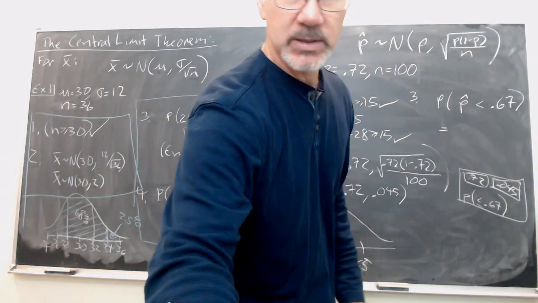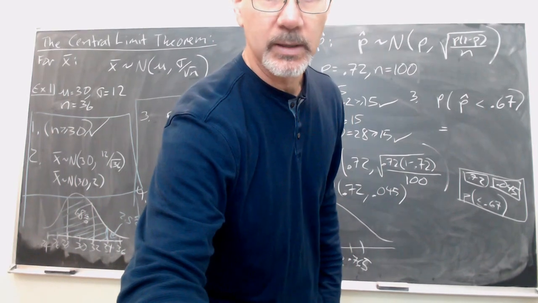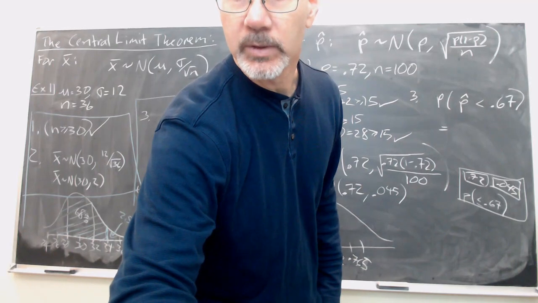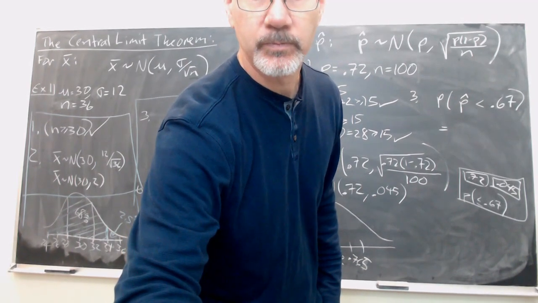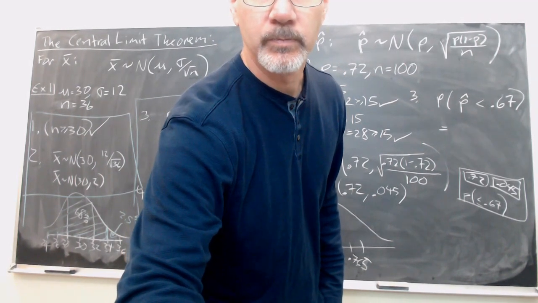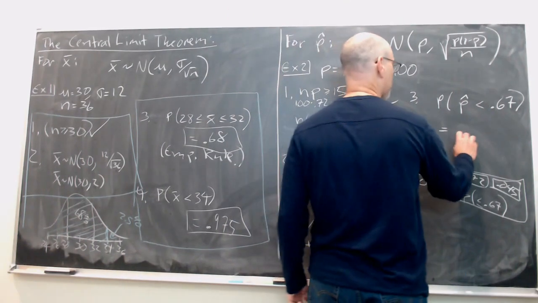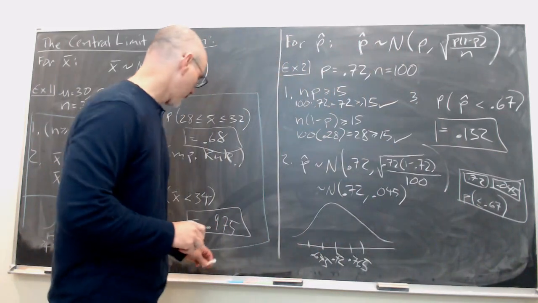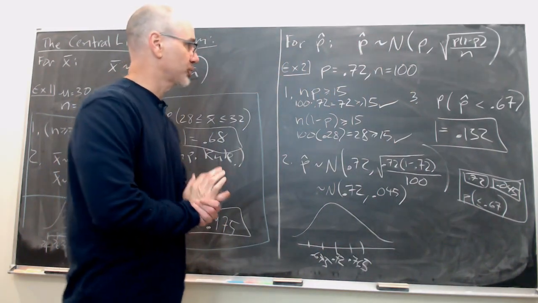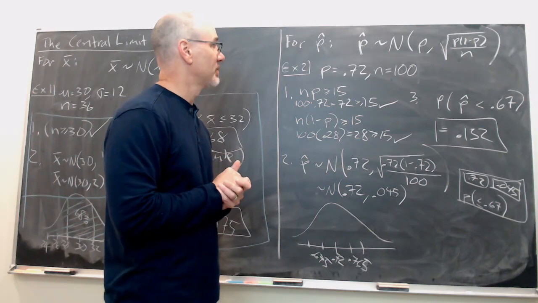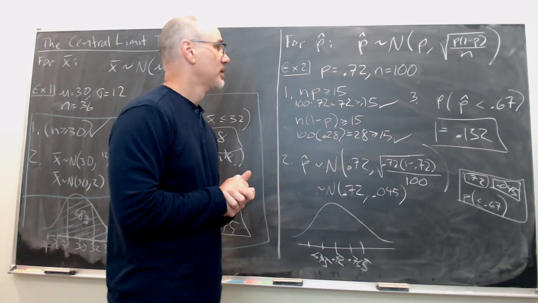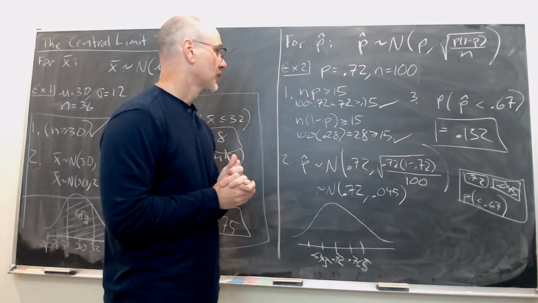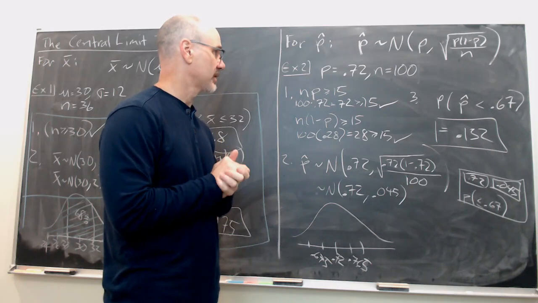I just did that, and it comes out to be 0.132. So 0.132 would be the probability that the proportion of microchipped dogs in my sample of size 100 turned out to be less than 0.67, or about 2/3. So a pretty low chance that something that small would occur.